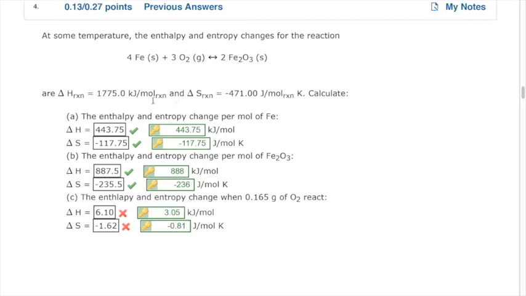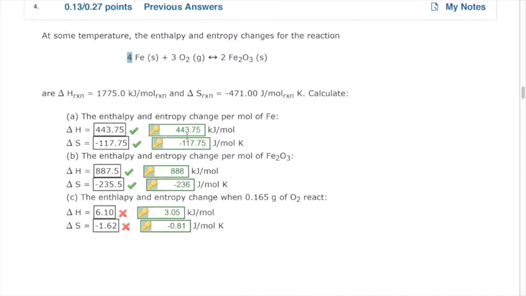So to list these values per mole of iron, we simply need to divide by 4, because the values here are per mole reaction, but per 1 mole reaction, we need 4 moles of iron. So per mole of iron, we just divide the total enthalpy and entropy by 4. Here we have divided this value for enthalpy and this value for entropy by 4, and that's what we get here.